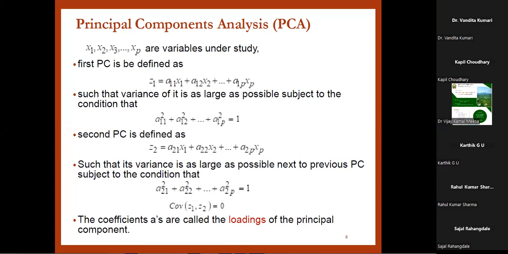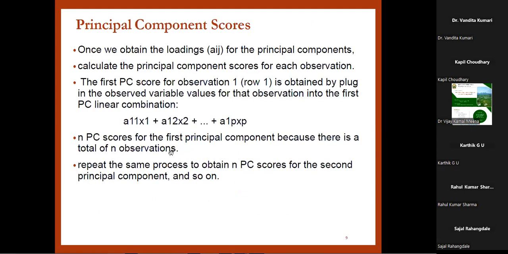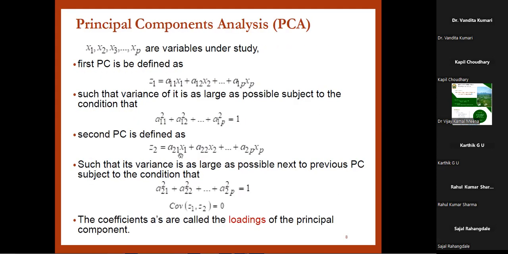Similarly, we will find the second principal component. The variance of Z2 will be lesser than that of Z1, but greater than the later principal components. So Z2 will be a combination of the original variables again, but the coefficients will change: a21, a22, up to a2p.